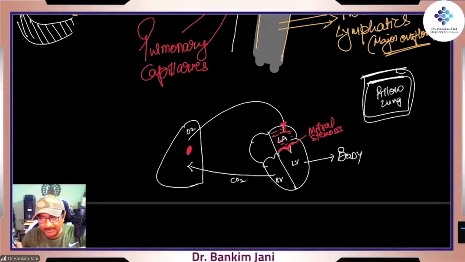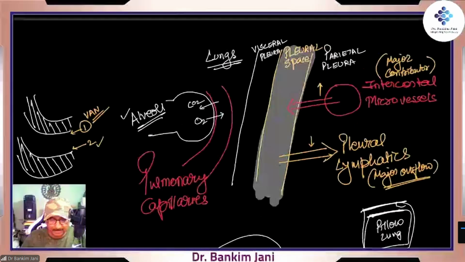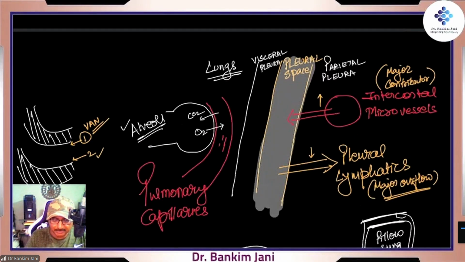When you try to enter, the people inside push you back out. Like the local trains of Mumbai: the compartment is full, you try to go in, and you are pushed out. So the pressure gets mounted on the platforms, that is, the pressure is mounted here in the pulmonary capillaries, because from the pulmonary capillaries the blood is going there.